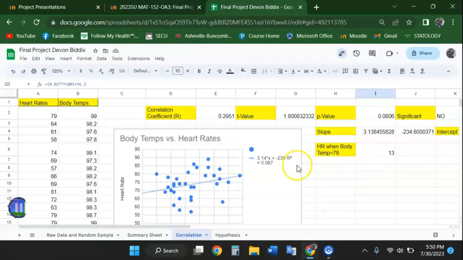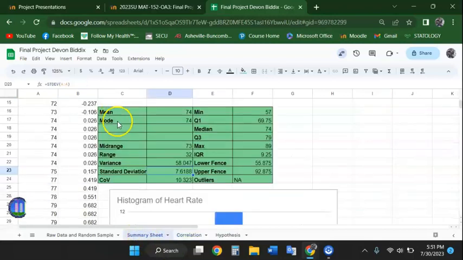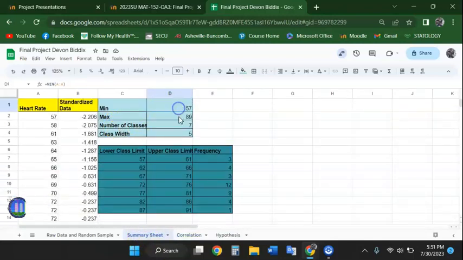The prediction of body temperature I was given being 98.4 at a heart rate of 79 beats per minute is likely more reliable than the other prediction as it falls within the observed bounds of the sample's X values, which are, let's see, 57 is the lowest, and 89, those are the bounds.